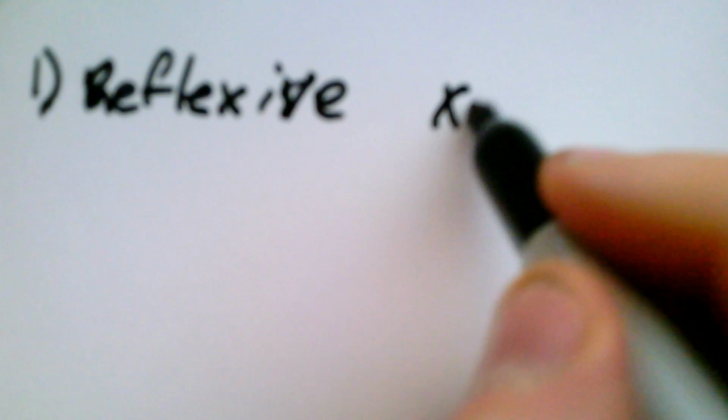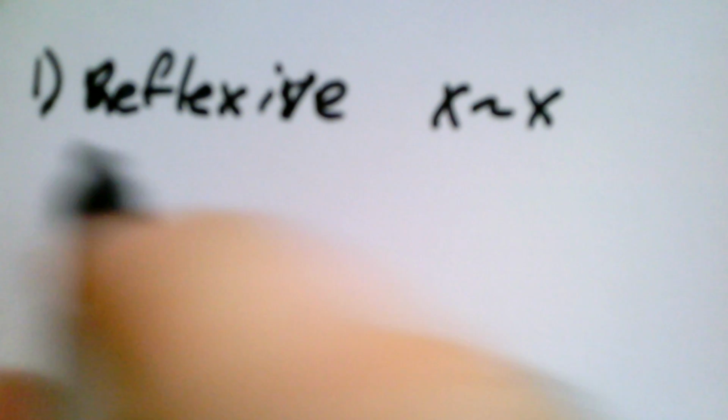So the first two steps are not too hard. Remember, an equivalence relationship has to be reflexive. The order doesn't matter, but this is the common order. Reflexive means that X is almost homeomorphic to itself.